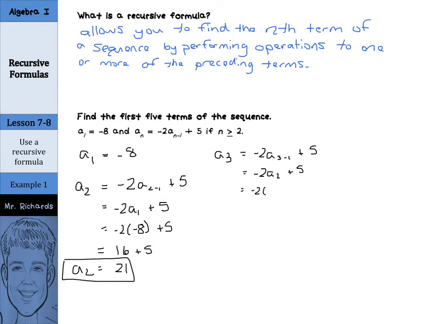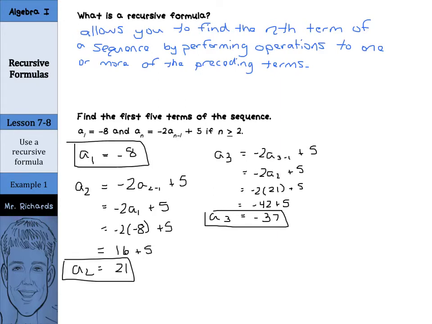Well, the second term, as we calculated, was 21, plus 5. So that's -42 plus 5, which is -37. So our third term is -37.